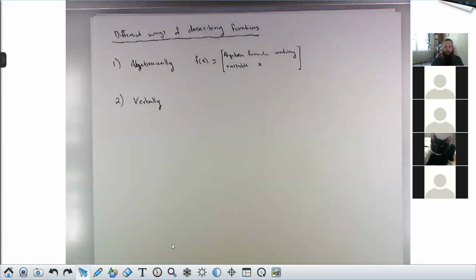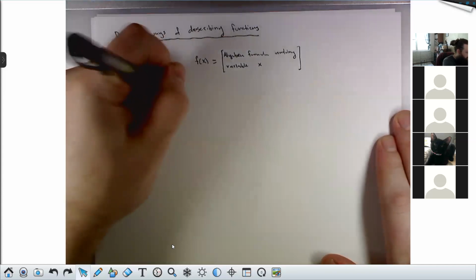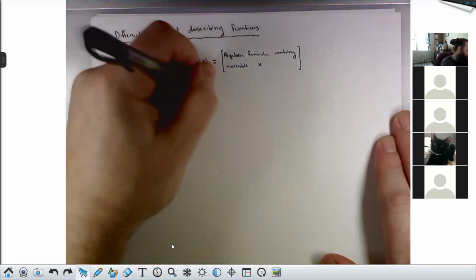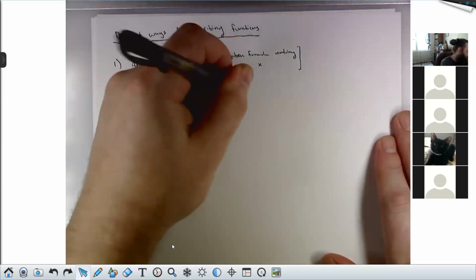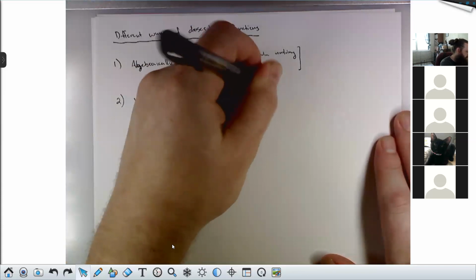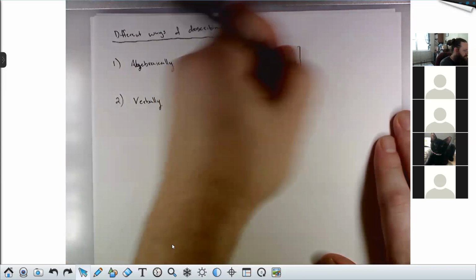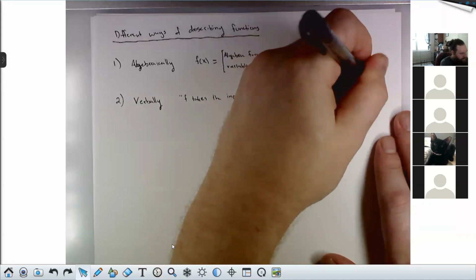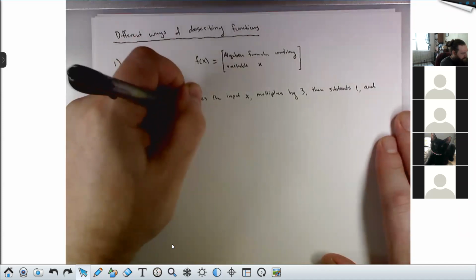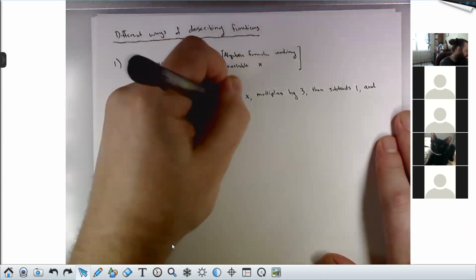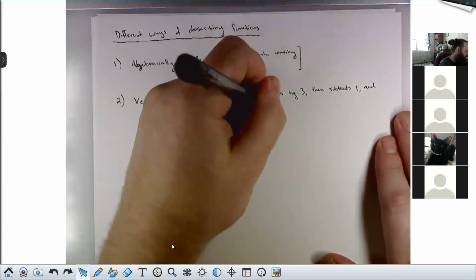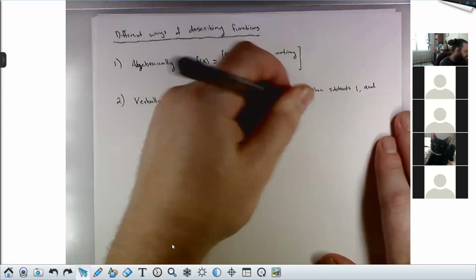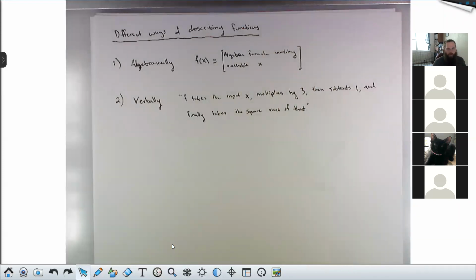So I could say, f of x is the function that takes x, multiplies by 3, subtracts 1, then takes the square root of all that. This is one example of a function being described verbally.